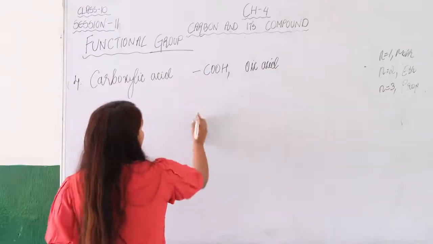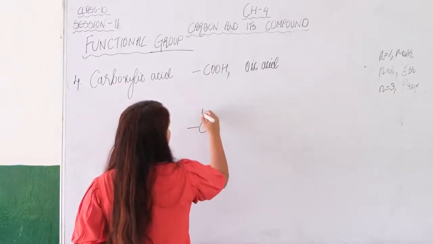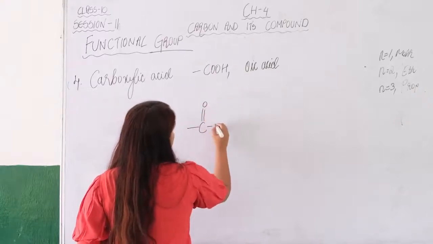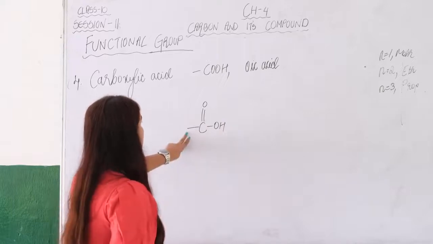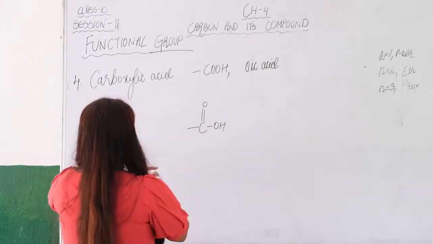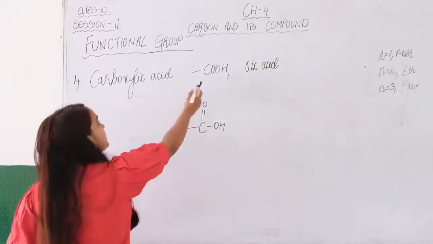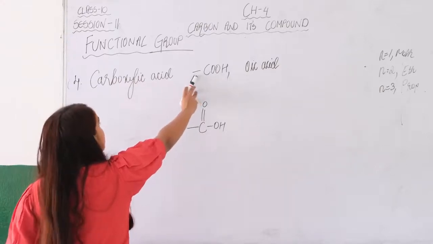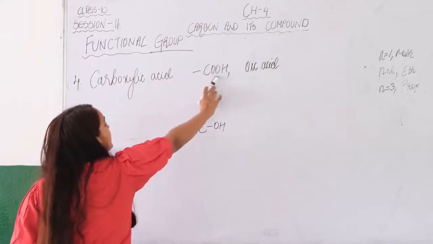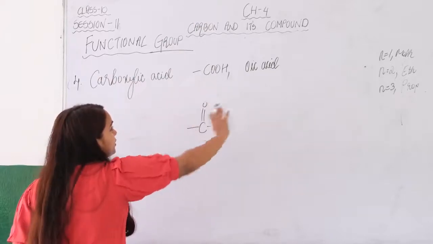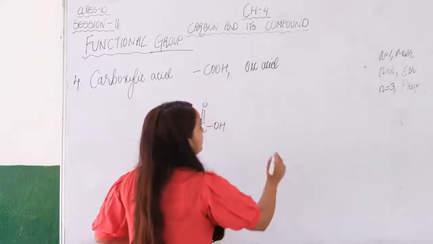This functional group can also be written in this manner, with OH. So here, same as the first 2, we see that the dash is present to the left hand side. That means addition will be done only to the left hand side and this functional group will be present at the corner.